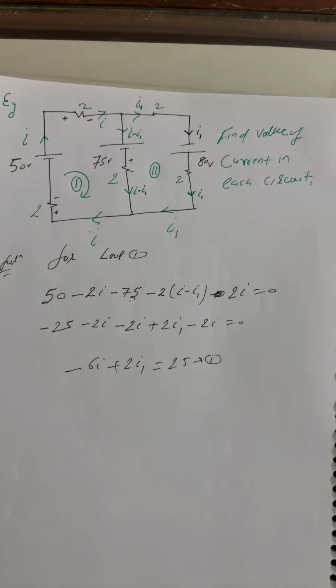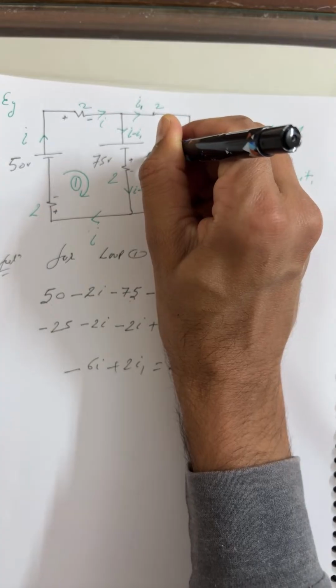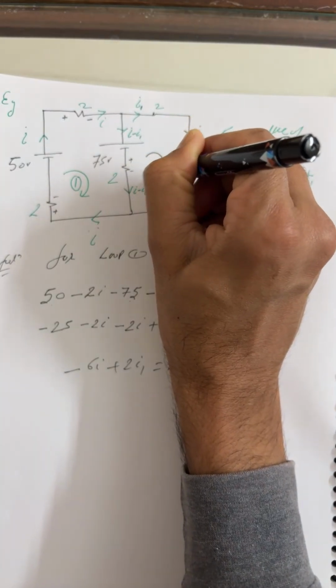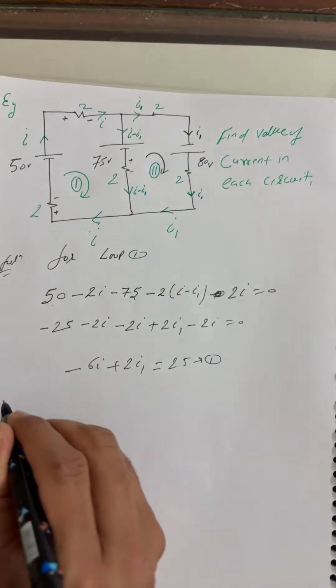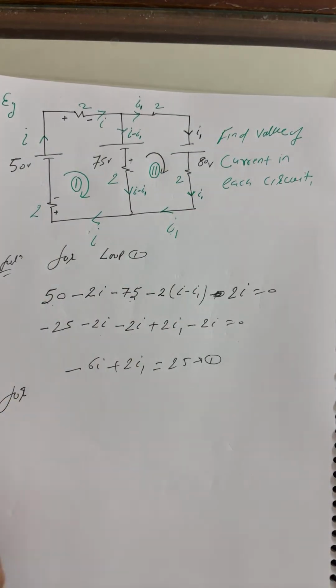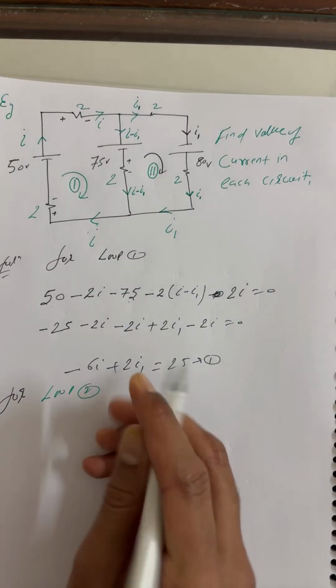Then for this condition, for loop 2, just apply it like this. Again, I'm considering the same location, clockwise. So minus 2 plus plus for loop 2.